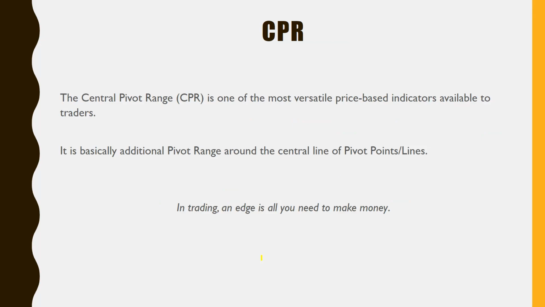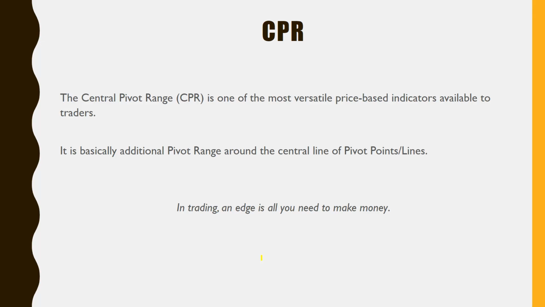Alright, so today I'm going to explain the central pivot range, CPR. It is one of the most versatile price based indicators available to traders. This is nothing but a type of pivot point.